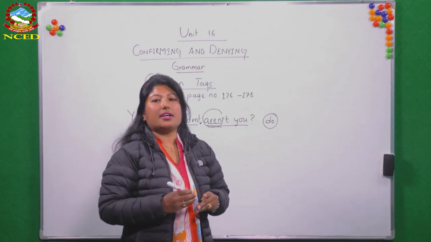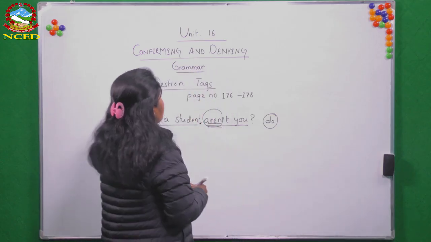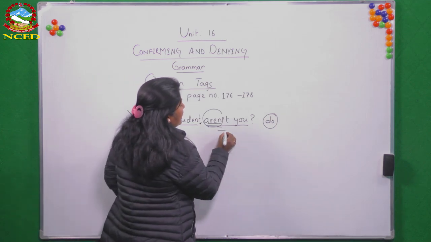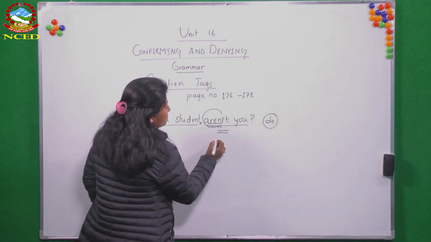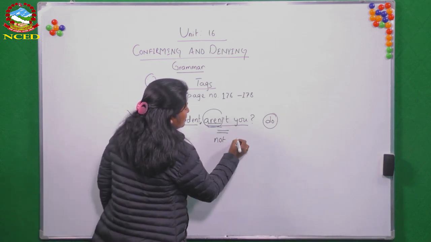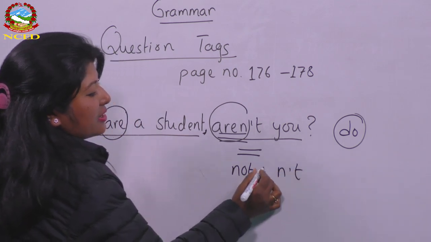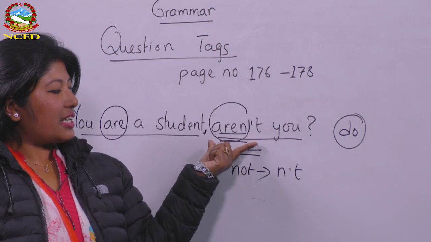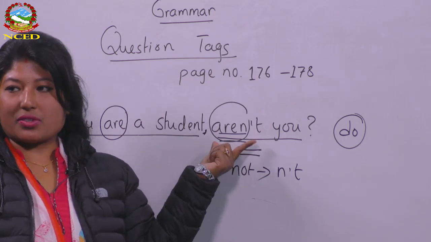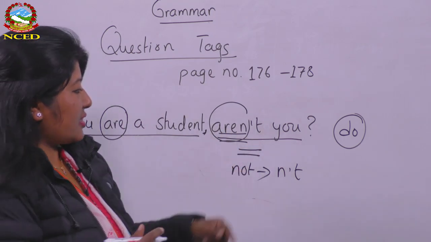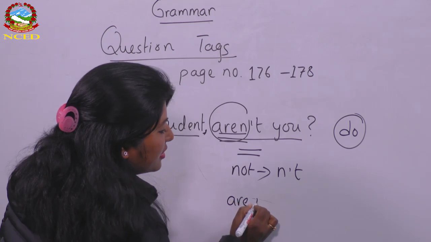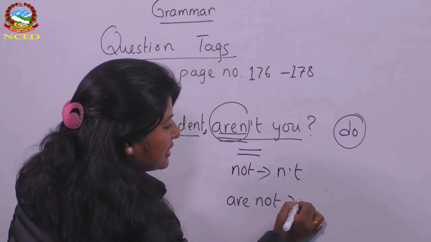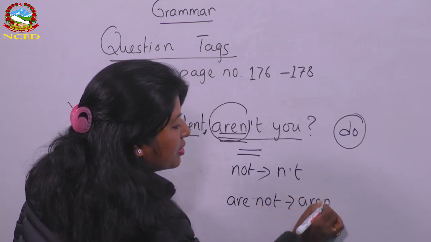And what else can we see? Next point. You can see here the contracted form. Okay, the contracted form of the negative, not. Right? So the contracted form of the negative is used over here. Like are not, this is "are not", and it is contracted into aren't.